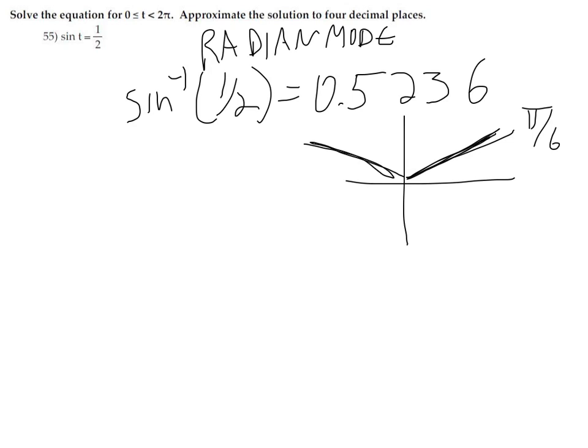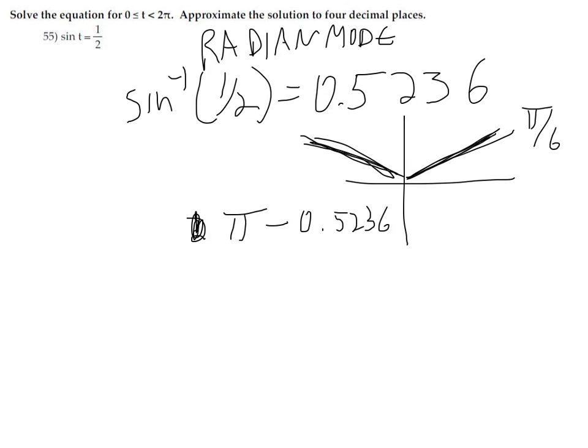Our second answer would be pi minus the 0.5236. Now, although I have 0.5236 written down, on my calculator, I still have the 0.523598776, the unrounded one.